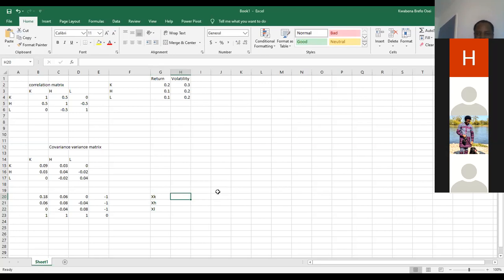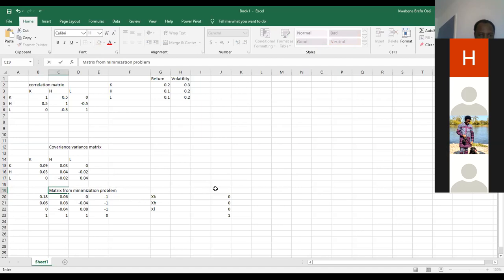Now, when we come to the constraint part, we had equal to 0, 0, I think it was 0 and 1. So I'm going to call this one the matrix from the minimization problem.